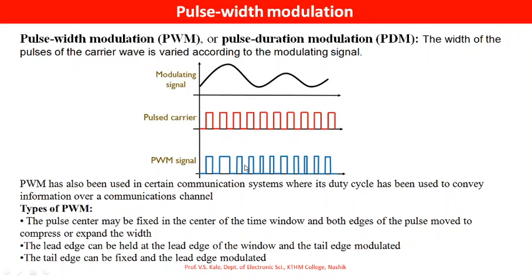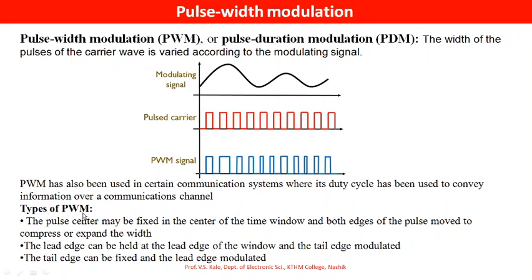So here, according to the modulating signal amplitude, pulse width variation is occurring. Pulse width modulation has also been used in certain communication systems where its duty cycle has been used to convey information over communication channels.